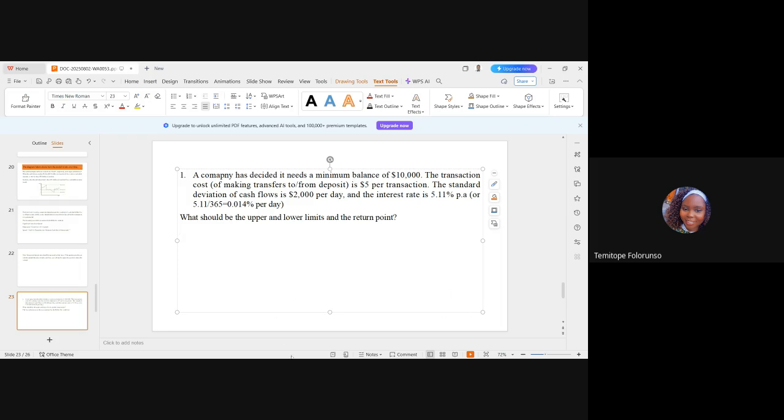Is it not the minimum balance? Very good. And the minimum balance is what? $10,000. So the lower limit is $10,000.